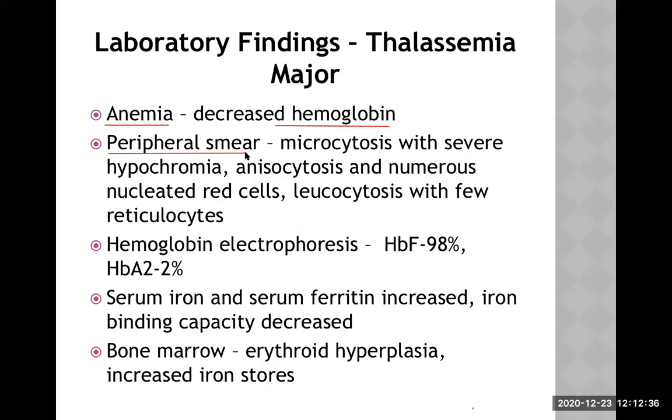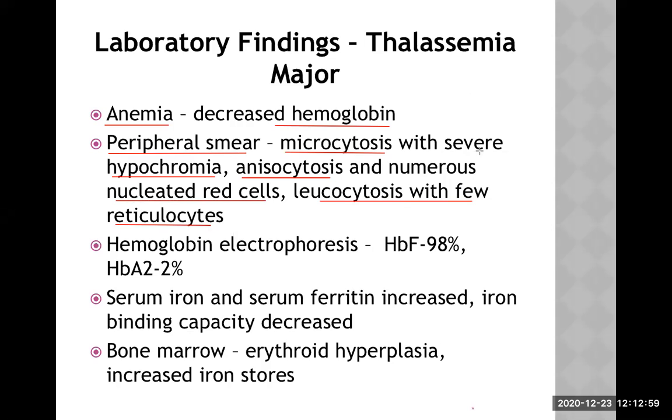Peripheral smear is always done in this type of cases, and this will show microcytosis with hypochromic anemia. Definitely microcytic hypochromic anemia. Anisocytosis, poikilocytosis, nucleated red cells, and leukocytosis with few reticulocytes are also seen.